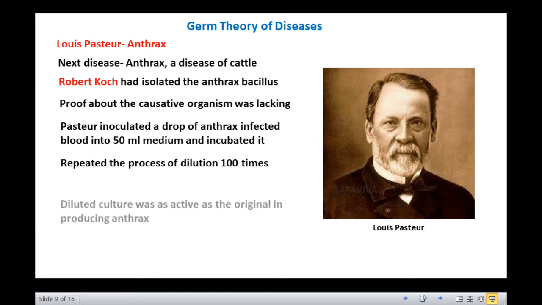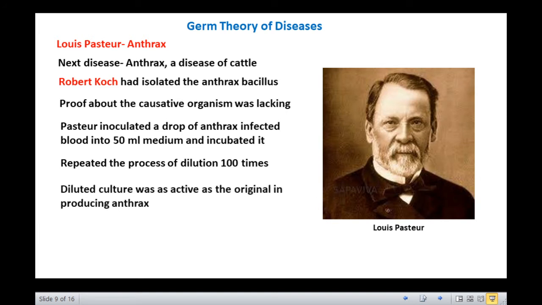Yet, the last diluted culture was as active as the first in producing anthrax. As only the bacillus itself, by growing each time in the new culture, could escape dilution, it proved beyond doubt that the anthrax bacillus and nothing else could be responsible for the disease.